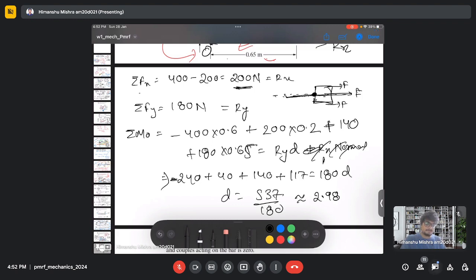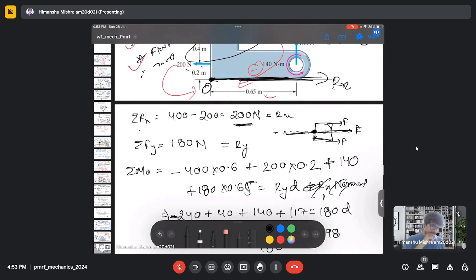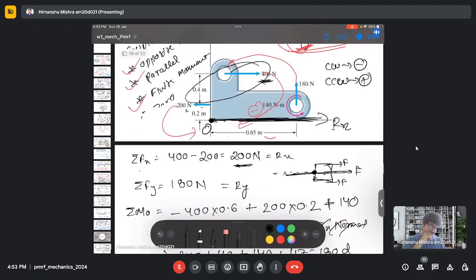Yeah, but how is it ascertained over here that it is acting at point O? Because this is the x component of the force, it should be acting along the x direction. So there will be some component of force F here, and then some component which is Ry. So we took its components Rx and Ry.